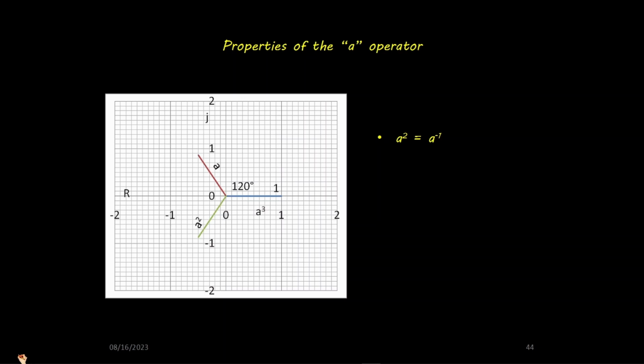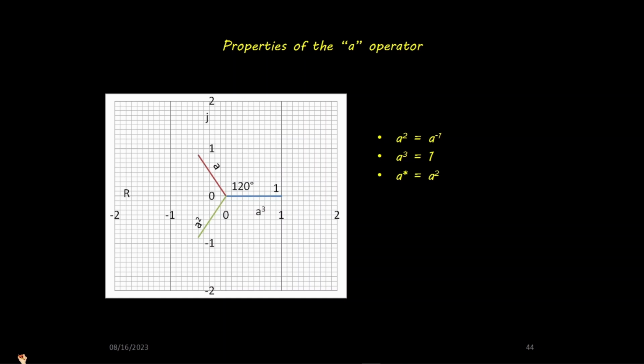This puts the phasor in the same position as above, so that A squared is equal to A to the negative 1. Since A cubed rotates the phasor by 360 degrees to its original position, then A cubed equals 1.